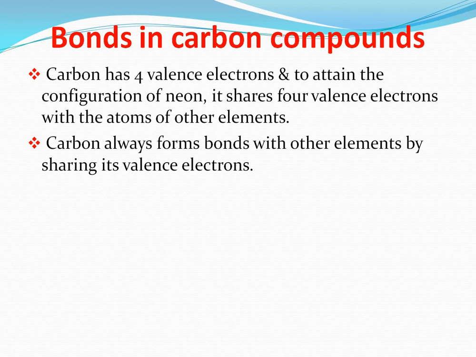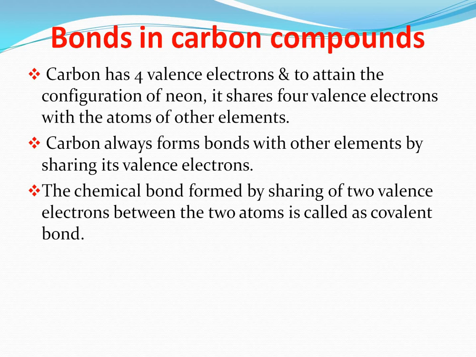Carbon always forms bonds with other elements by sharing its valence electrons. It does not donate its electrons, but always shares them, and the bonds are formed only due to the sharing of electrons.